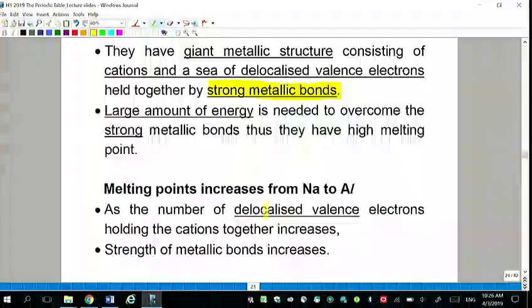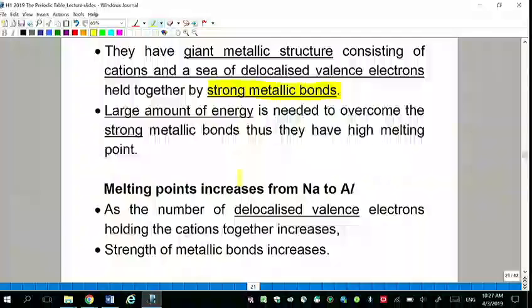When you have more delocalized valence electrons, in the case of aluminium to form Al3+, losing 3 moles of electrons, then you can see that the electrostatic attraction would be stronger. As a result, we say that the strength of metallic bond increases. So that is why the trend of melting point is increasing from sodium to aluminium.